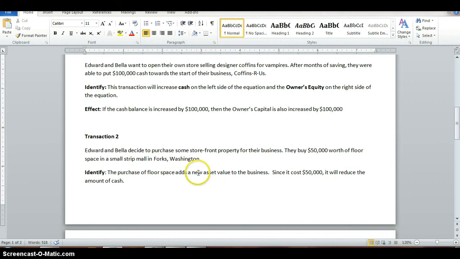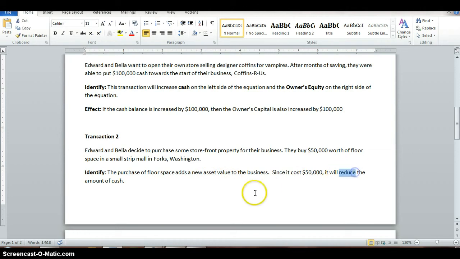For my second transaction, Edward and Bella decide to purchase some property for their business. They buy $50,000 worth of floor space in Forks, Washington, of course. We identify that this purchase of floor space is going to add an asset value to the business. Since it costs $50,000, it will reduce our cash.